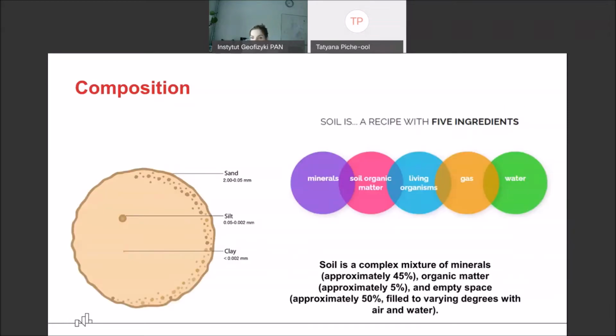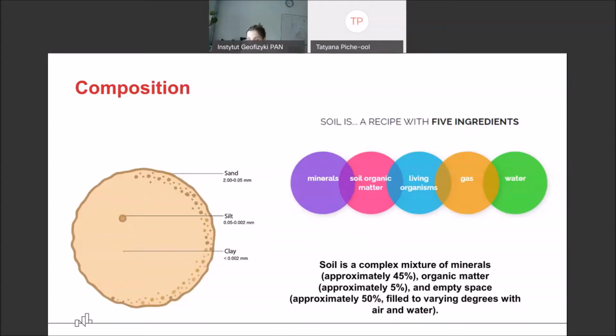And about soil composition, it is often said that soil is a sort of recipe, like a cuisine recipe, that consists of 5 basic ingredients, which are minerals, organic matter, living organisms, thus biosphere, gas, and water.